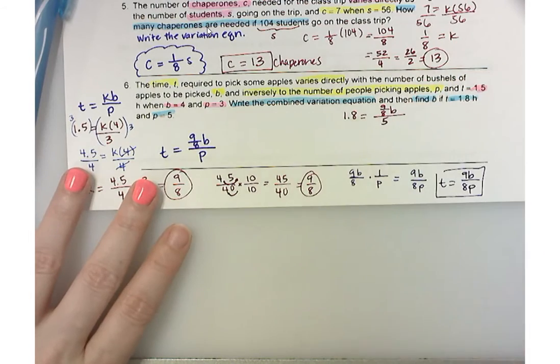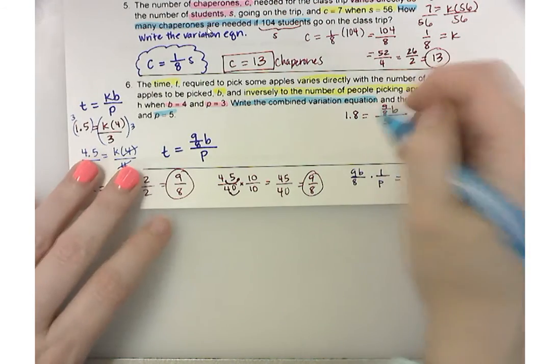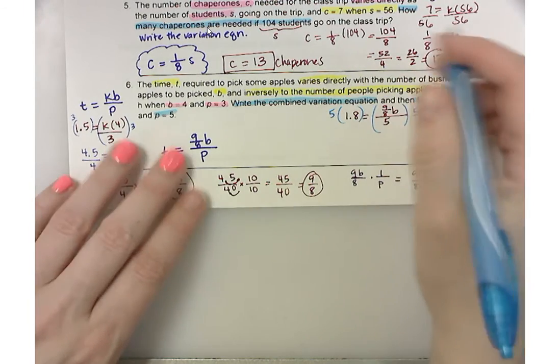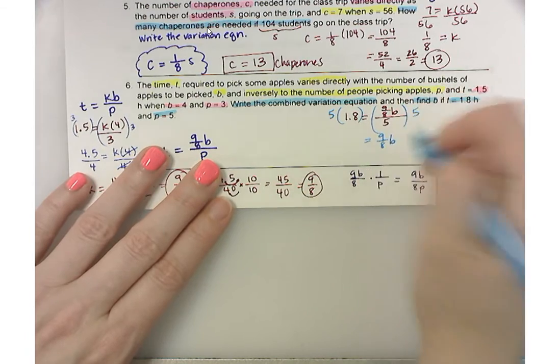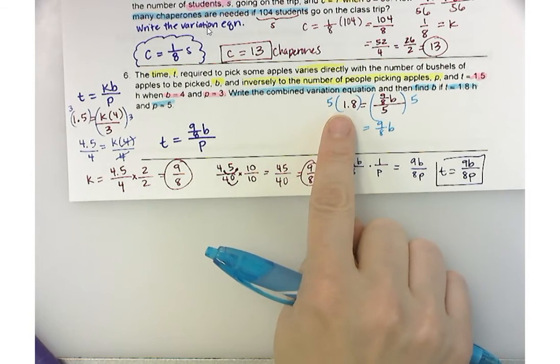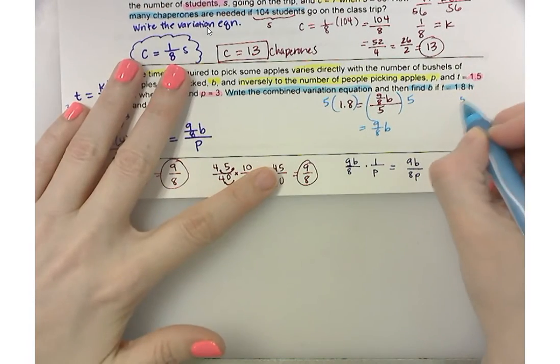5 times 1 is 5. Okay, yep, 5 times 1 is 5. And then you would do 5 times 0.8, which is 4. You can also think of it like this. 5 times 8 is 40. You'd move the decimal one place back. 5 plus 4 is going to be 9.